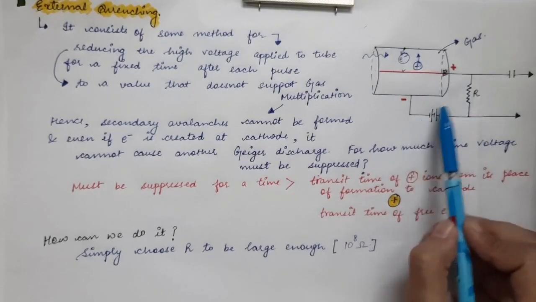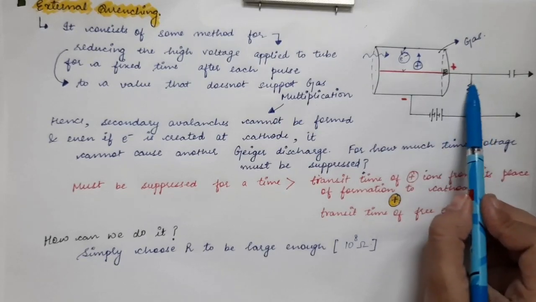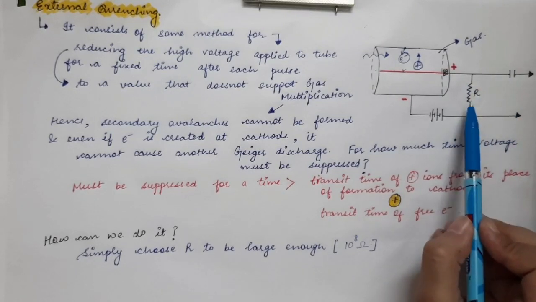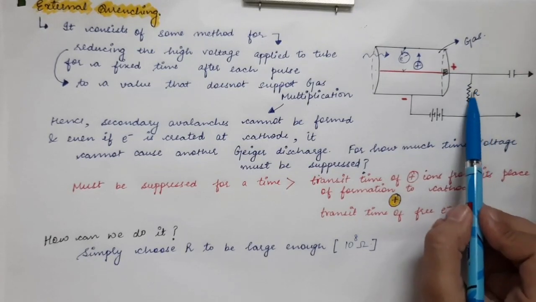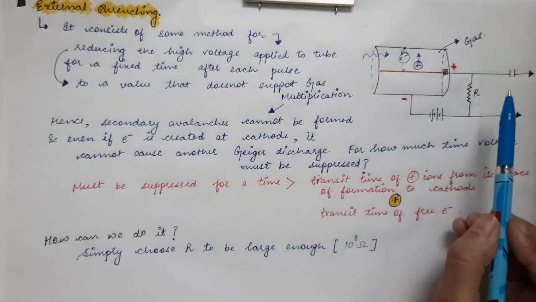If R is very high, the voltage drop across R will be more. The voltage drop is nothing but current into R, so if R is high, the voltage drop across R will be large.